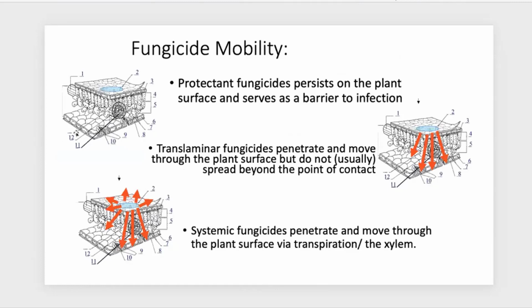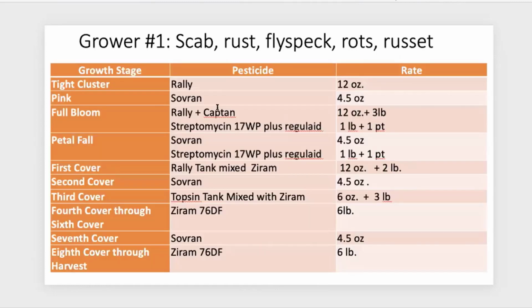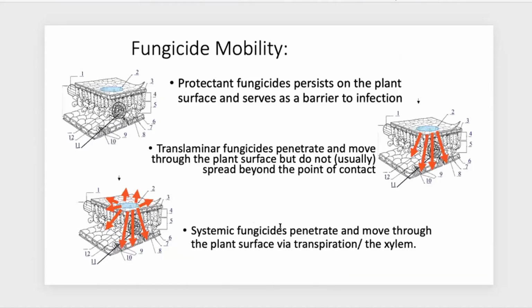Sometimes when we look at these spray schedules, it's very easy to pick apart different things that are applied and where things might be improved, but it's also important to think about how the fungicides are actually used. A fungicide like Captan or Ziram or Mancozeb is kind of like a coat of paint, and you want to make sure that you cover the plant so that you provide the protection you need.